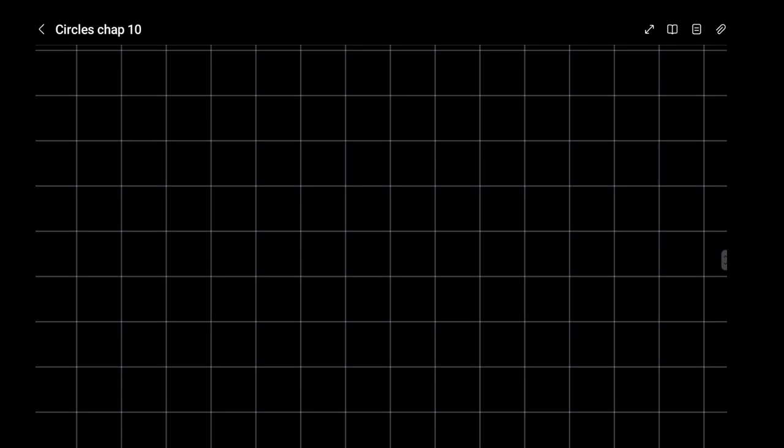Let us go forward. Another very interesting concept related to tangent is this one. Let us first make a tangent. This is a kind of theorem which we will try to see.